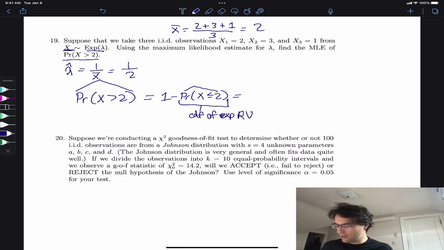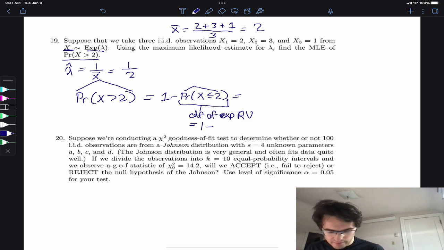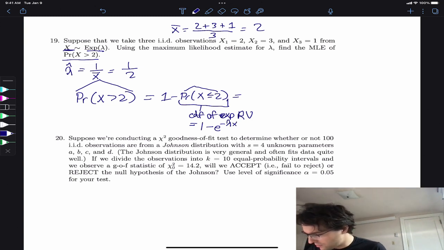What is the CDF of the exponential random variable? The CDF is equal to 1 minus e to the minus lambda x. And so we just plug that in.